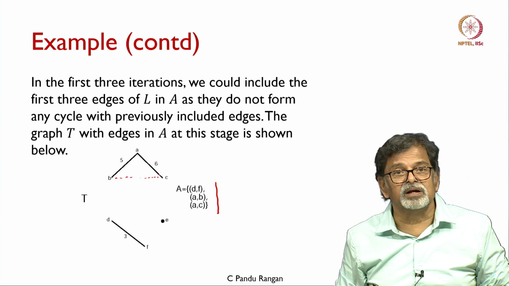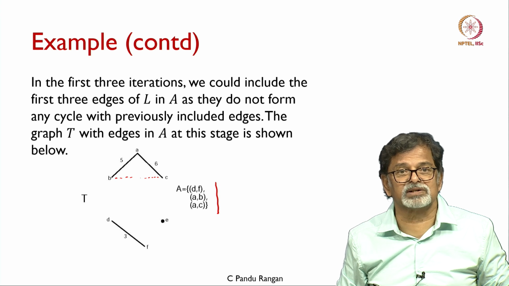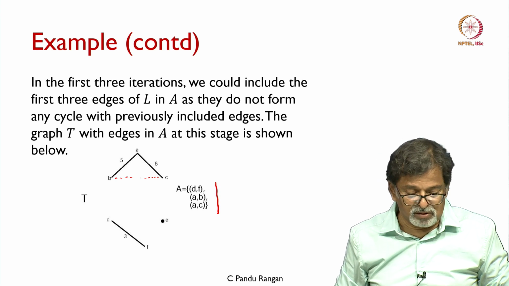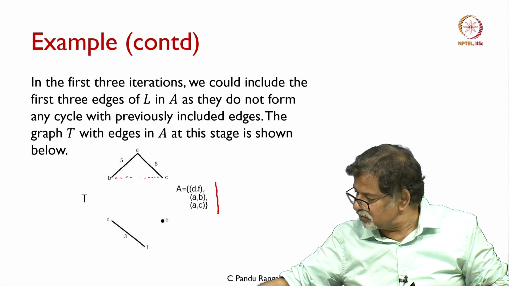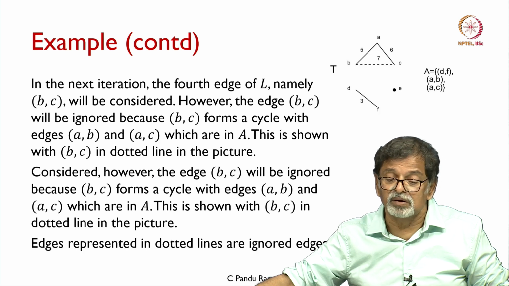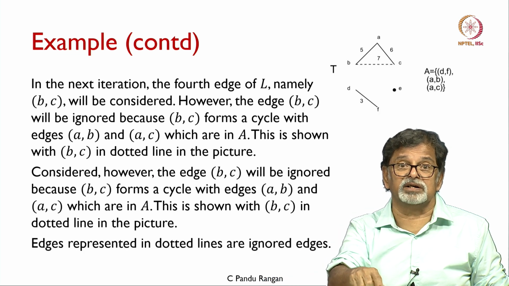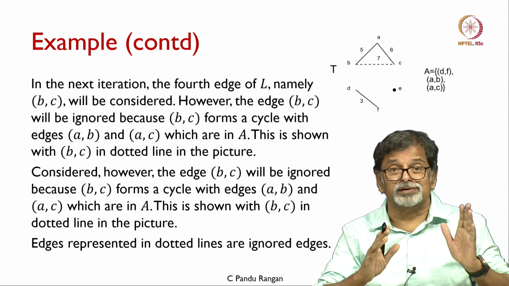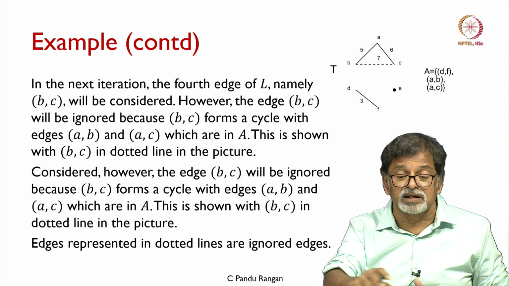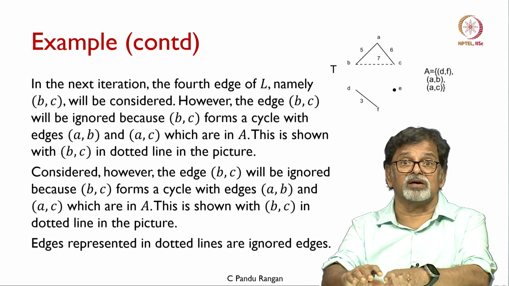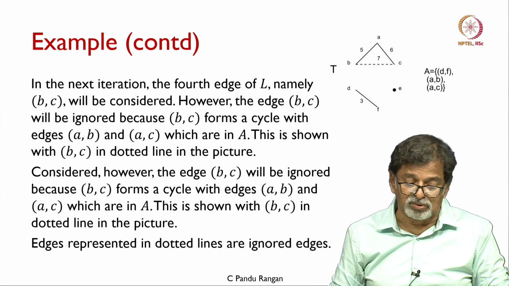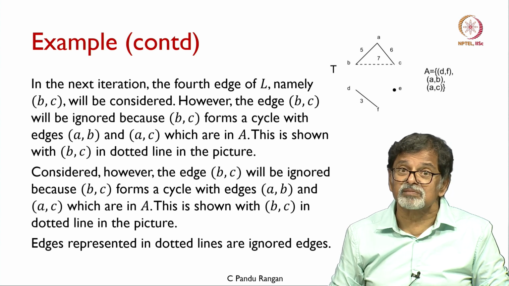I have ignored BC because it forms a cycle. Okay. Now, let us proceed with our example. Whatever we have done so far is shown in the picture here. 3 edges are in A, there is one ignored edge, all of them are shown in this picture. Okay.